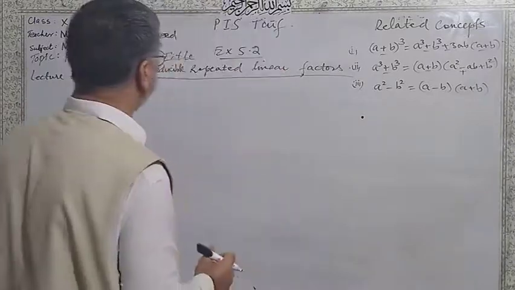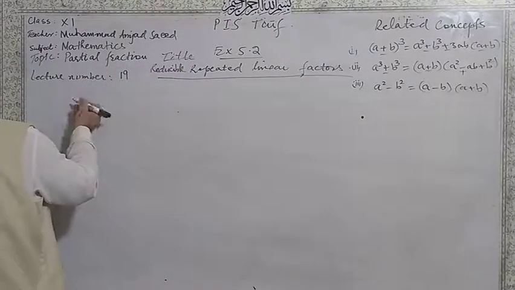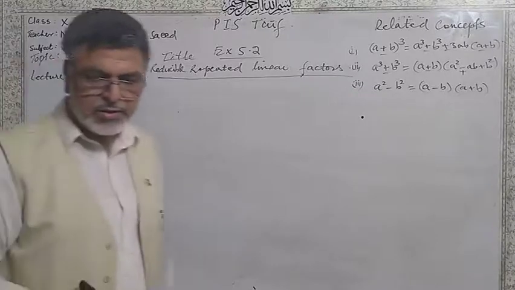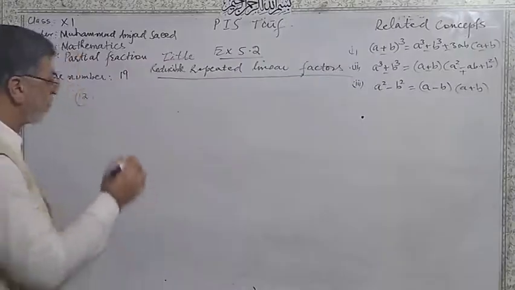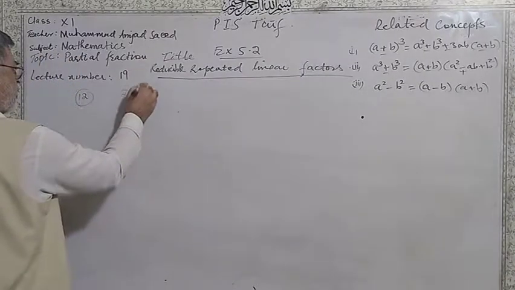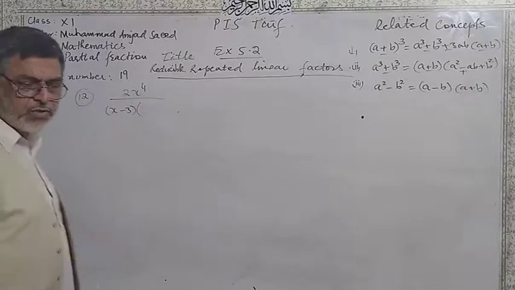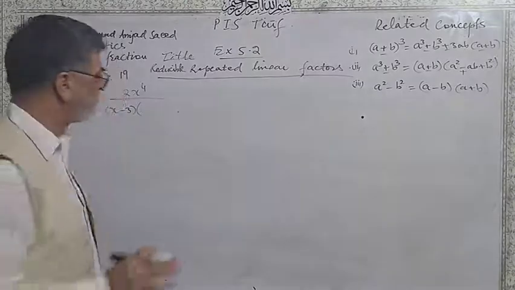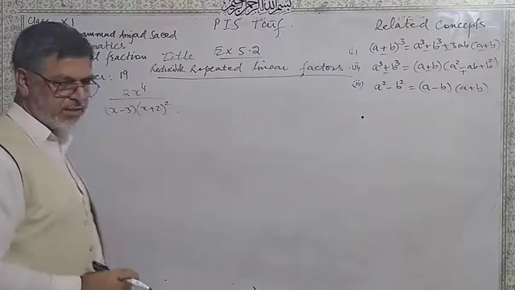Exercise 5.2, question number 12. Here is 2x^4 over x minus 3 into x plus 2 whole square.